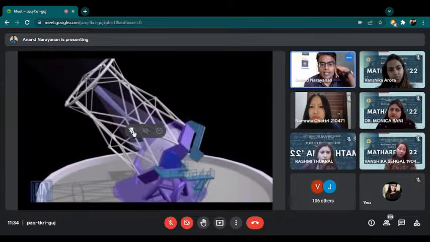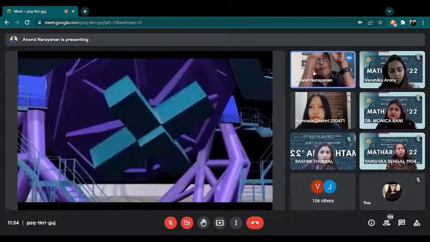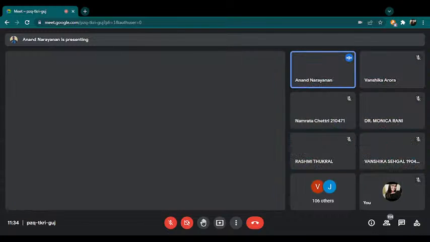Okay, so this artificial star is created very close in the plane of the sky to the real star that we want to observe. So we want to observe a particular star, and what we do is the laser beam will create an artificial star very close to the patch of the sky where you want to observe a real star.